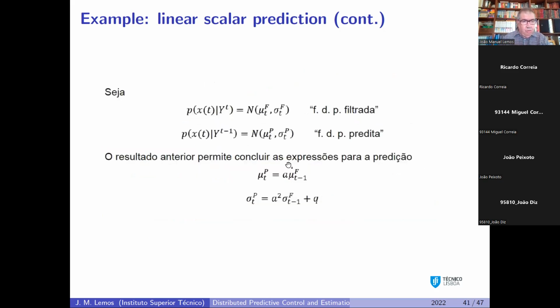If you apply both formulas, you are able to compute the mean and the covariance of the new density, which happens to be the predicted one. It is better to put the slides one beside the other and look at the expressions, so I'll let you do this.